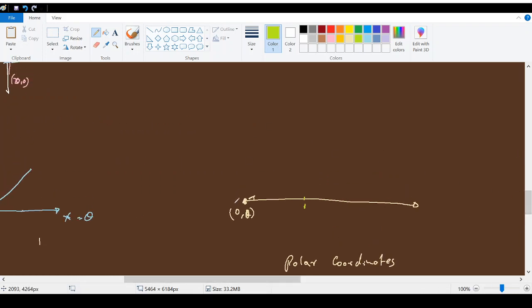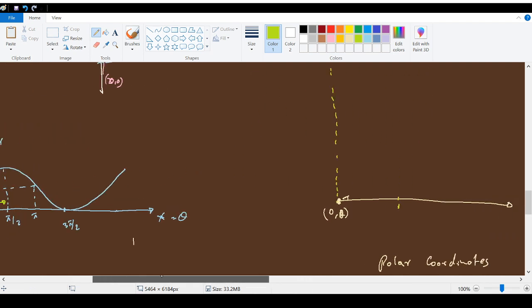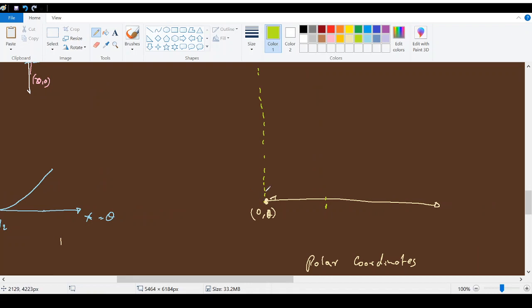Now if we just draw a dotted line, this is not the y-axis of the Cartesian plane. I am drawing this dotted line because then it will be easy to understand the 90-degree angle. That's the only reason for drawing this dotted line. Otherwise it does not exist, right?